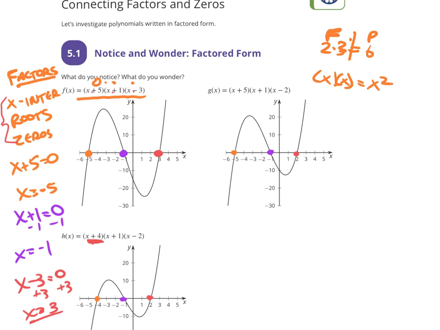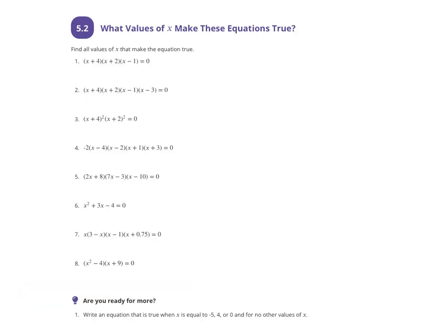The number of factors is how many times it touches the x-axis. If your factor has no coefficient, just flip the sign, and that's where you put it on a graph. Okay, so now for our next one. Find all values that make the equation true. So they want us to find the zeros.